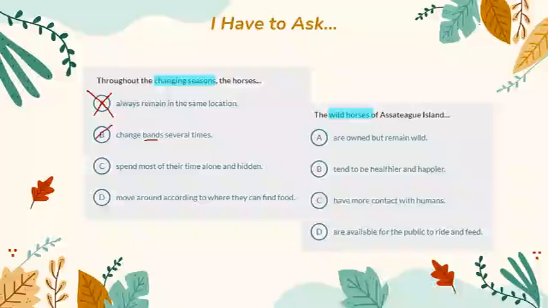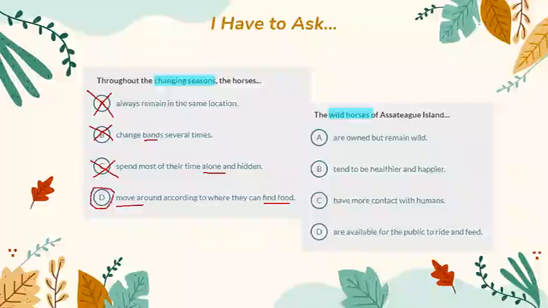So I'm going to get rid of B. C, spend most of their time alone and hidden. Well, they're definitely not alone because they live in their bands with their families. So I'm going to get rid of C as well. D, move around according to where they can find food. So they do move around to different areas depending upon the season. So I'm going to definitely circle D.